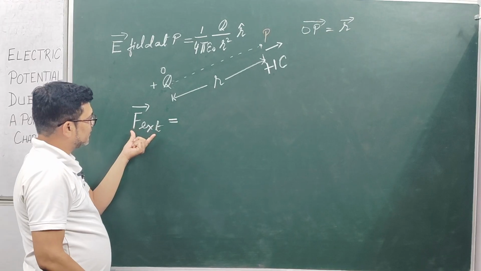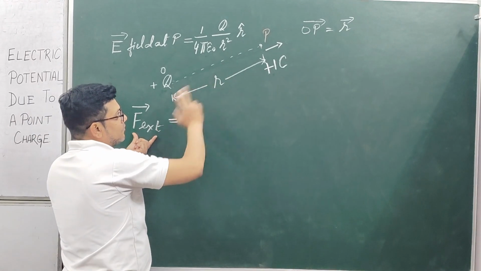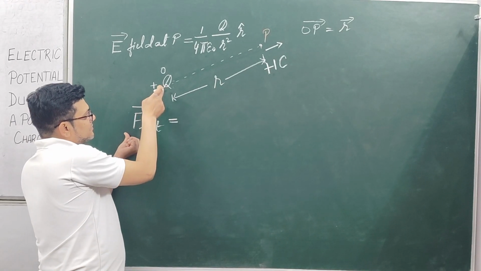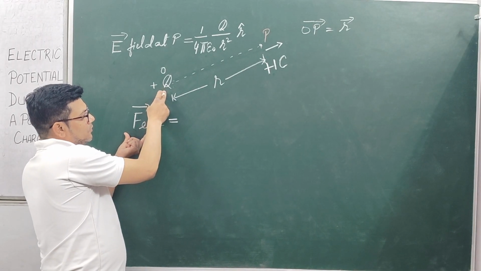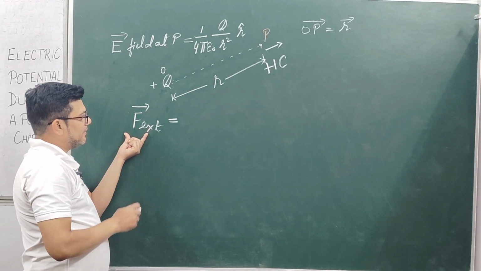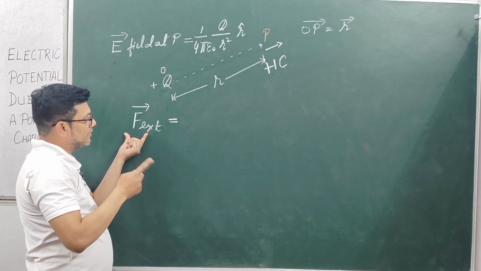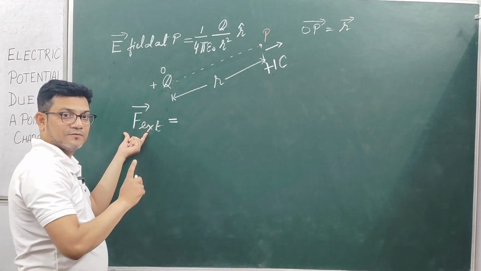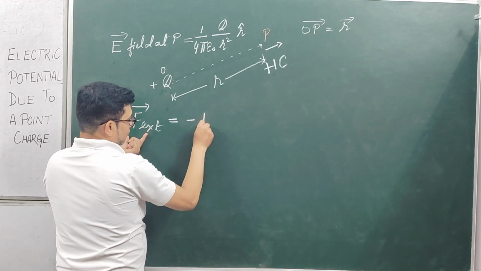So if you want to figure out what force external is required so that there is no acceleration of the charge, it's going to match exactly with the electrostatic force exerted by this source charge Q on a test charge, 1 coulomb, and that is equal to, since it is 1 coulomb, so if you equate this to the definition of electric field, we can write this should be equal to negative of 1.